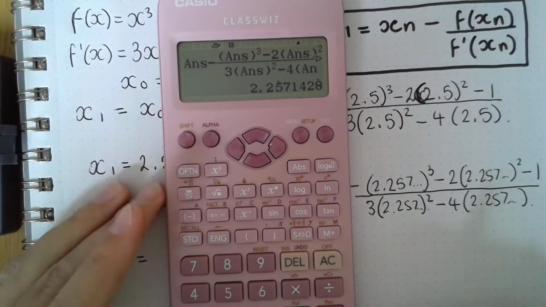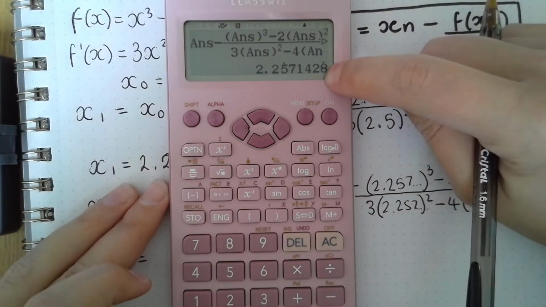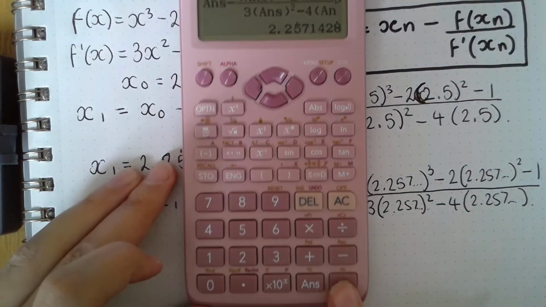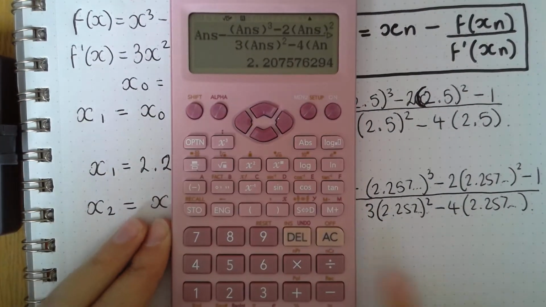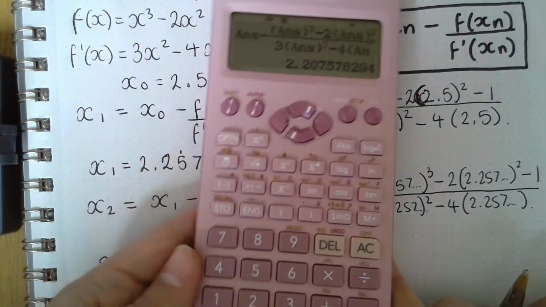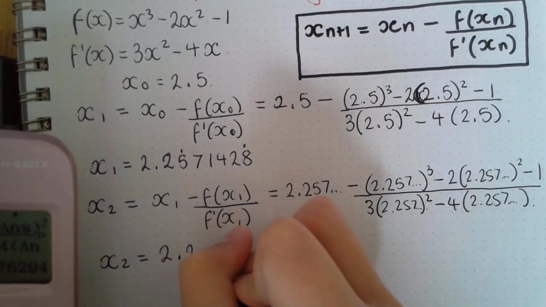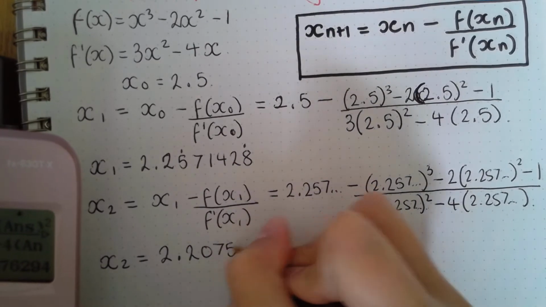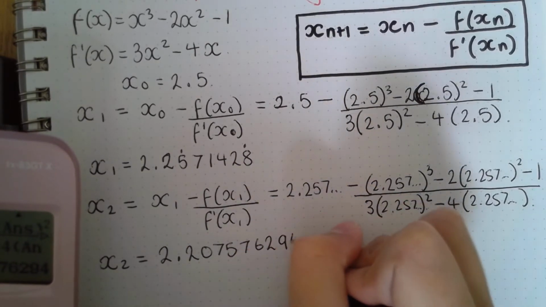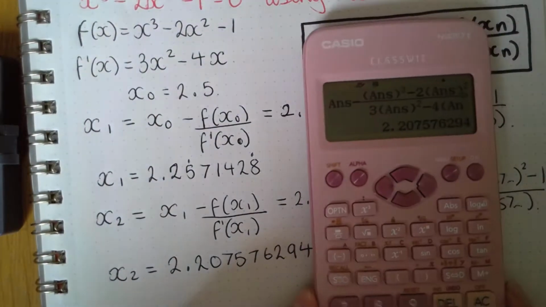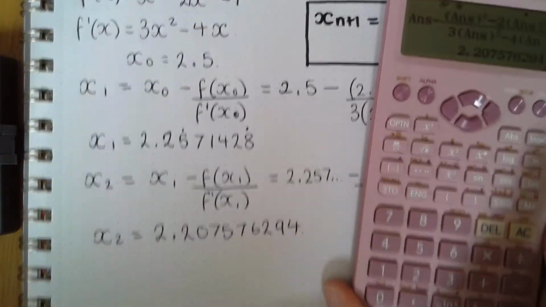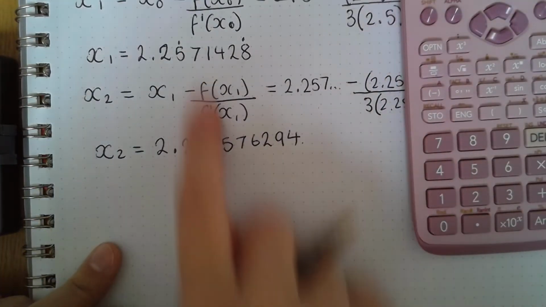We just press equals again, because then it's going to use this answer and put that back in. So we just press equals, and our answer is changed, but only slightly. So we've got x2 is 2.20757629. And then you're going to do it again with x3 because they're not the same.